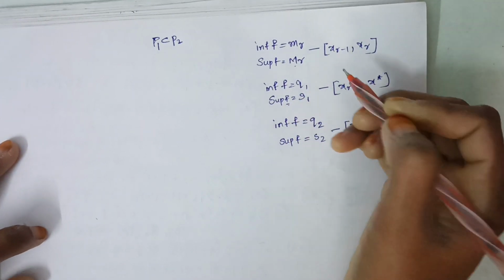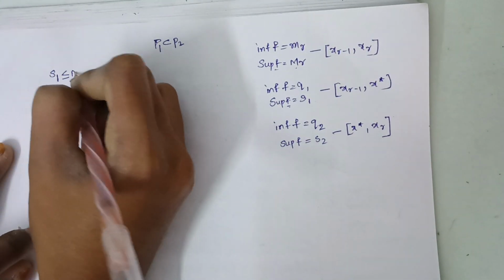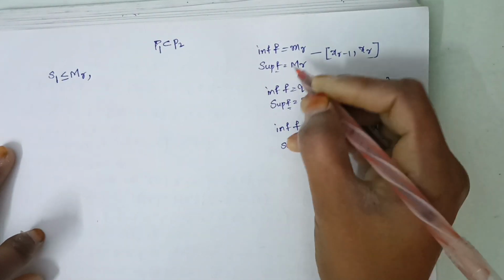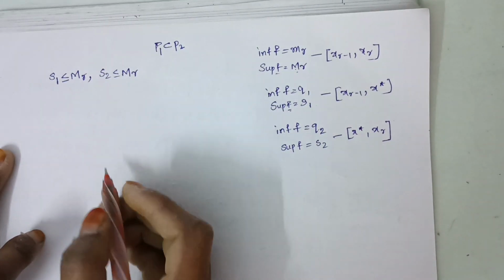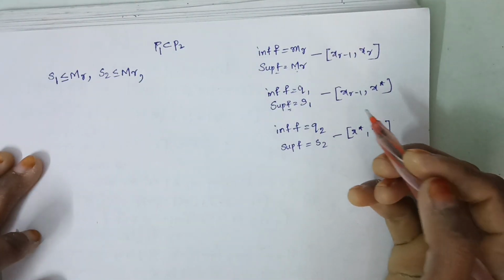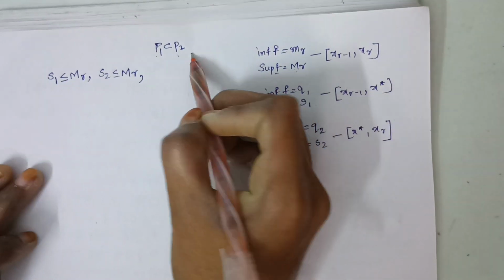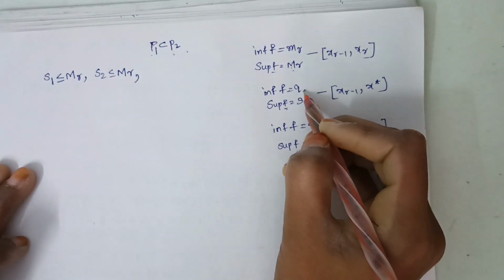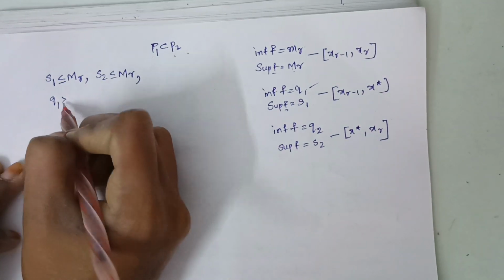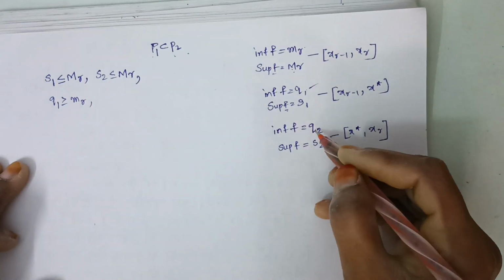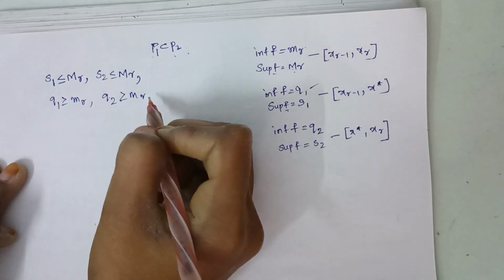If we consider them as supremum A and supremum B, then S1 is less than or equal to capital MR and S2 is less than or equal to capital MR. And now if P1 is a subset of P2, then infimum A is greater than or equal to infimum B. And consider infimum A as Q1. Then Q1 is greater than or equal to small mr and Q2 is greater than or equal to small mr.